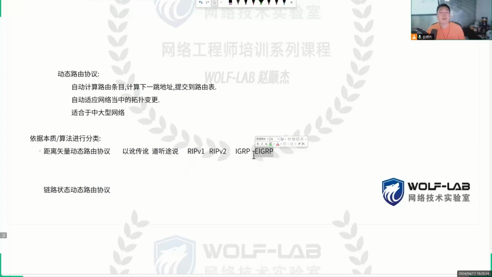And there's also BGP, but this protocol can't be considered a strict distance vector routing protocol. It's considered a path vector. So let's not discuss BGP here. So far, RIPv2 is rarely used by manufacturers now, because it has many criticisms.